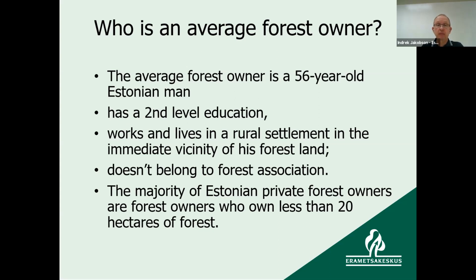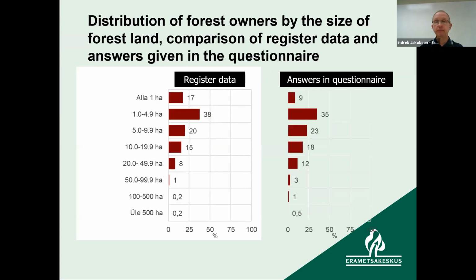And of course, the number we already repeated a couple of times: the majority of Estonian private forest owners own less than 20 hectares of forest. Two to 5 is the biggest, but we can very clearly say that the average forest owner owns less than 20. So this average person, and here are some graphs.